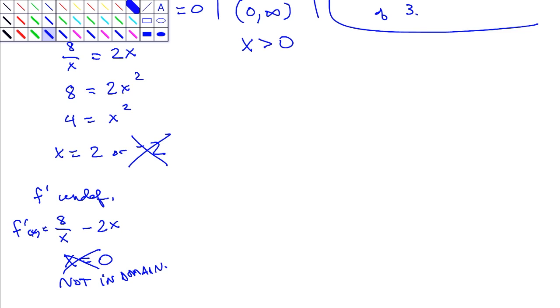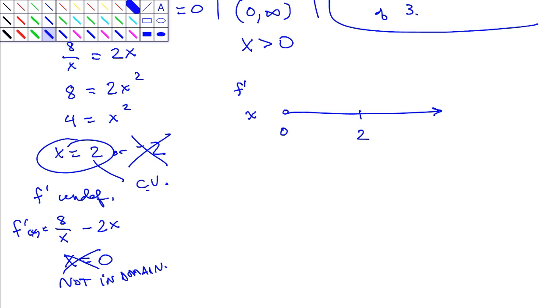Let's create the sign chart. Now you have to be careful. We don't have the full line here, do we? We have 0 as an open endpoint, and we have 2 as the critical value. These are x's, this is f prime.